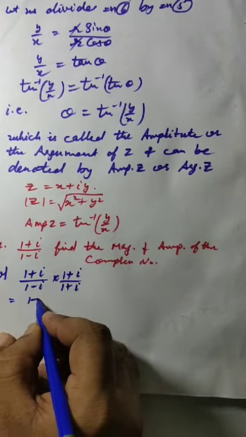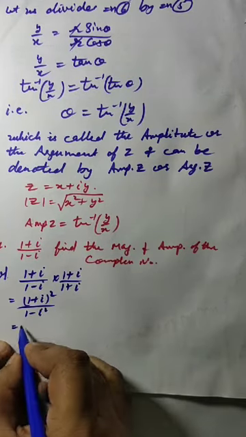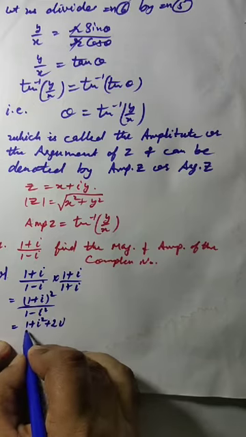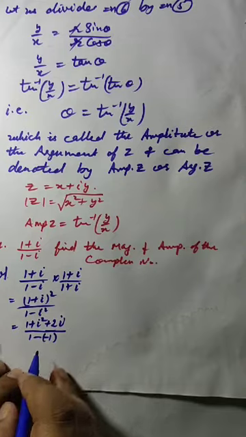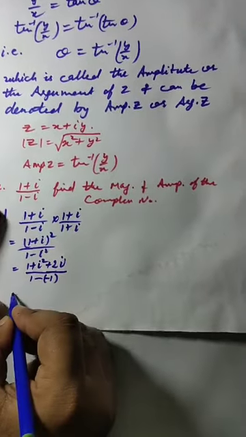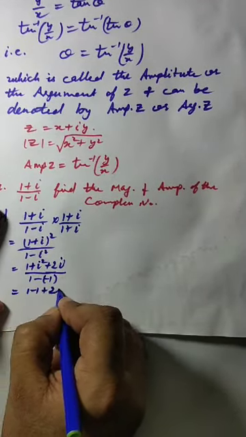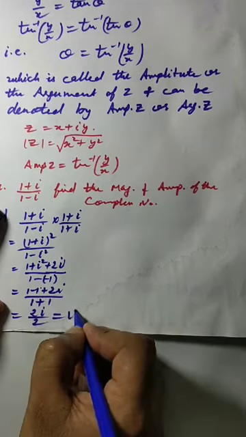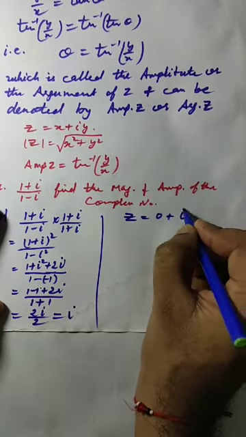We got 1 plus iota whole square divided by, we are applying the algebraic identities here, 1 plus iota square plus 2 iota divided by 1 minus minus 1. So this is equal to 1 minus 1 plus 2 iota divided by 1 plus 1. This is equal to 2 iota by 2, which is equal to iota. So we get the complex number 0 plus iota.